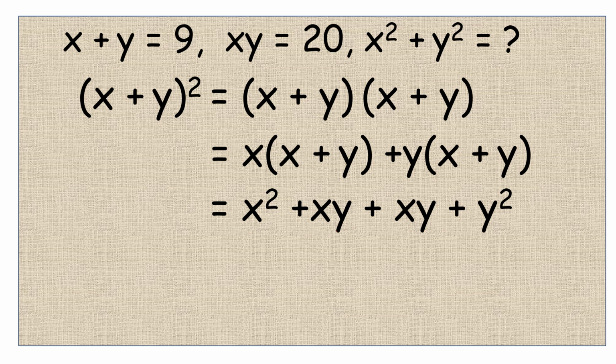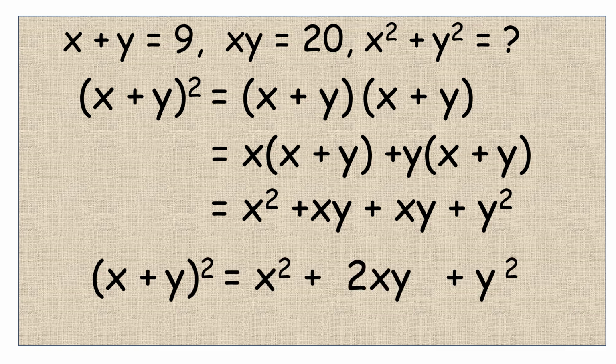All I'm doing is trying to explain how that equation 1 was obtained. Remember here we have x squared, then we have xy plus xy. They look alike, right? An apple plus an apple will give you 2 apples.